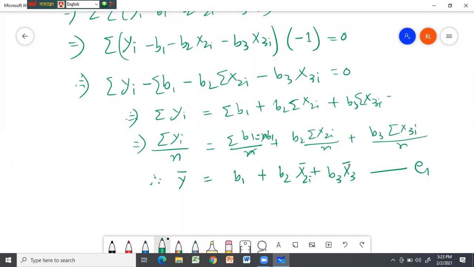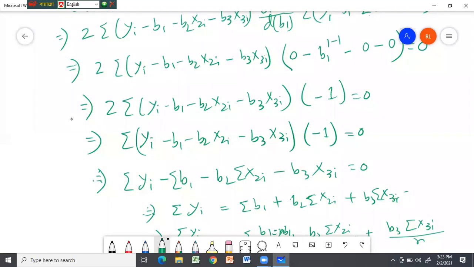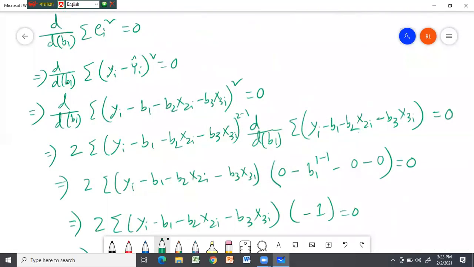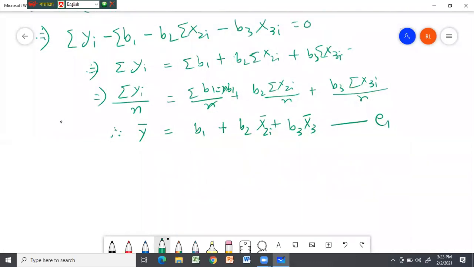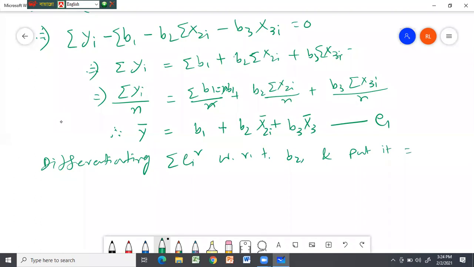And similarly, when you have differentiated this one with respect to b2, you will get another equation. So differentiating sum of ei square with respect to b2 and put it equal to 0.